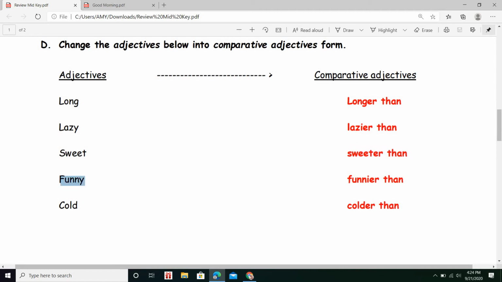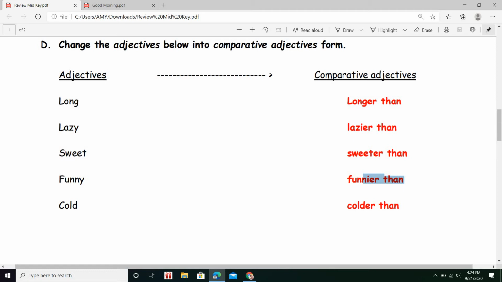Okay, for funny, funny is an adjective that ends with Y. So the same as lazy, friends. We erase or cross out the letter Y and change it to I, then er plus than.